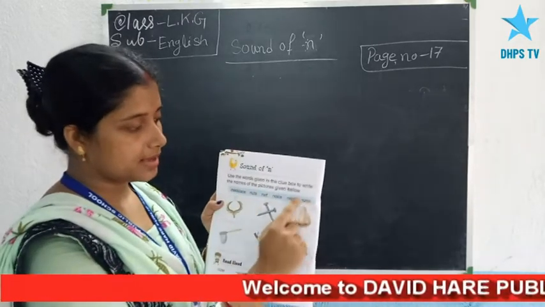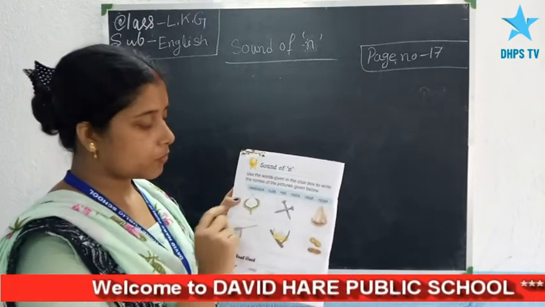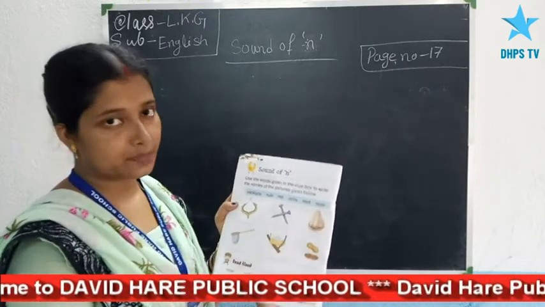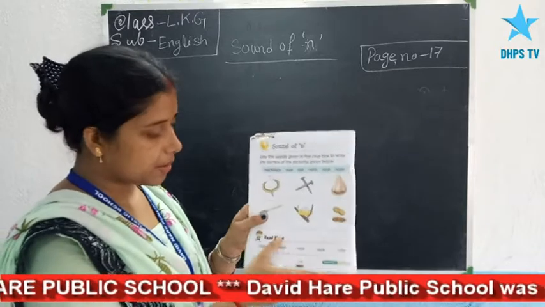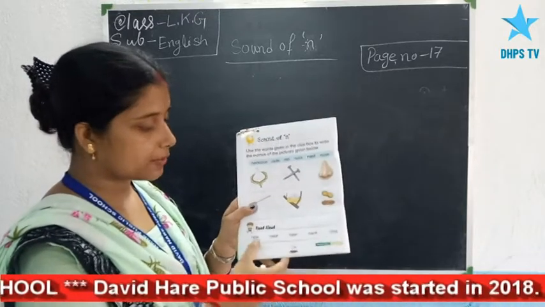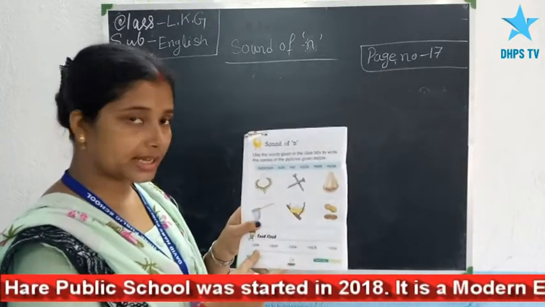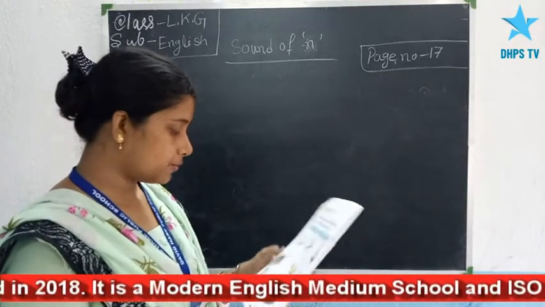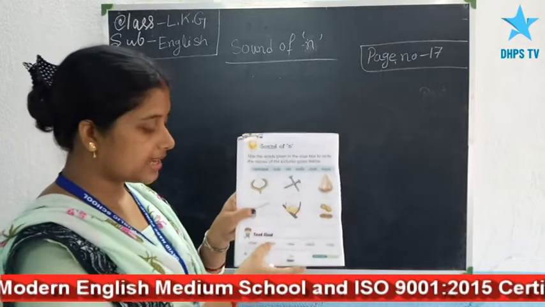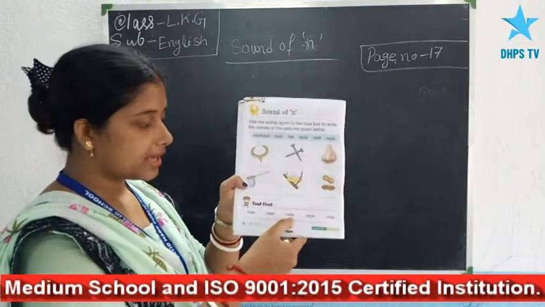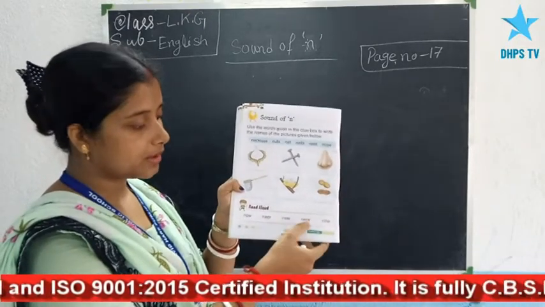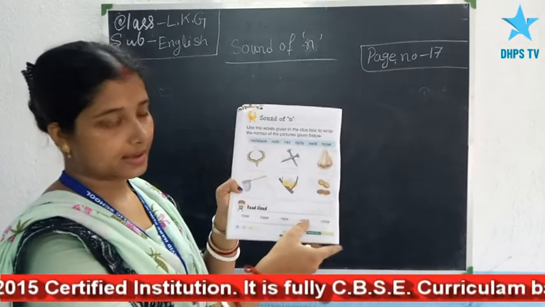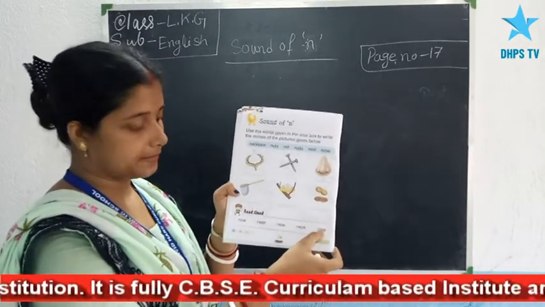All the spellings written here you have to just match with the pictures. Now here also some words that start with N have been written, so just read the words aloud. N-O-W, now, N-E-A-R, near, N-E-W, new, N-E-C-K, neck, N-I-N-E, nine.